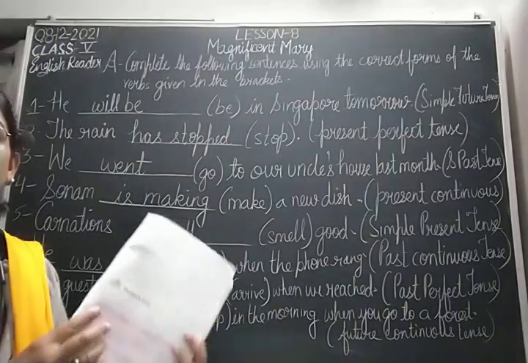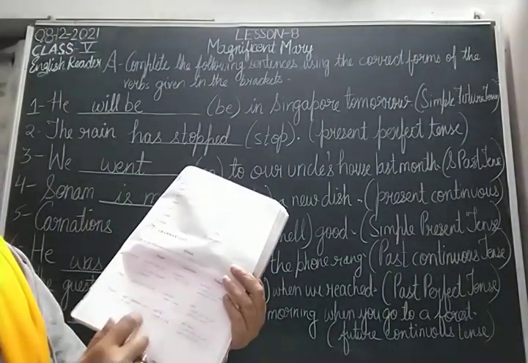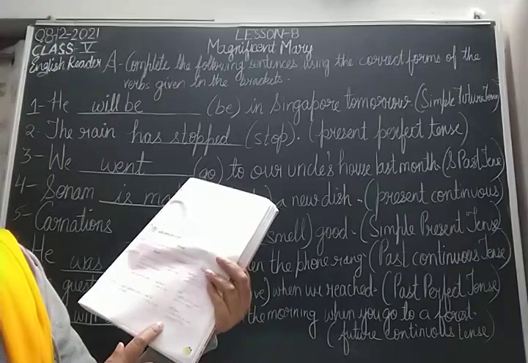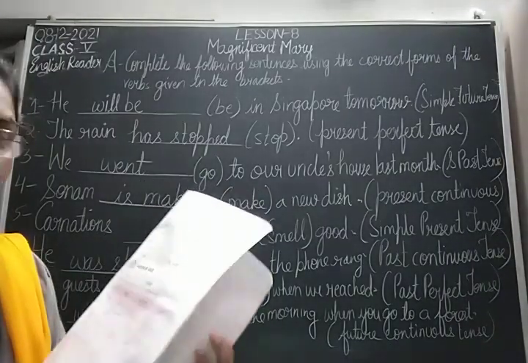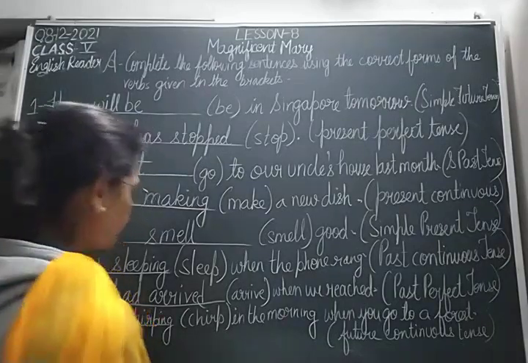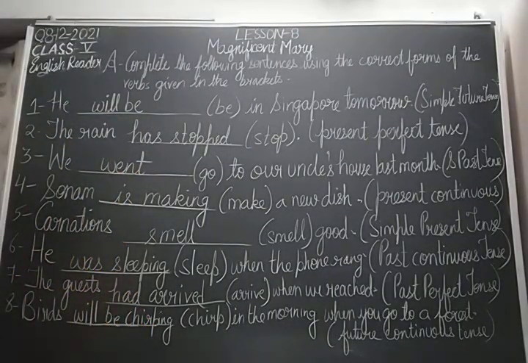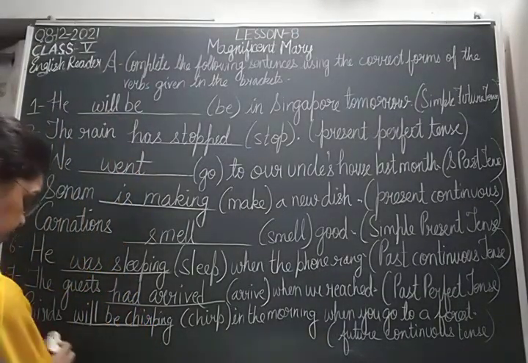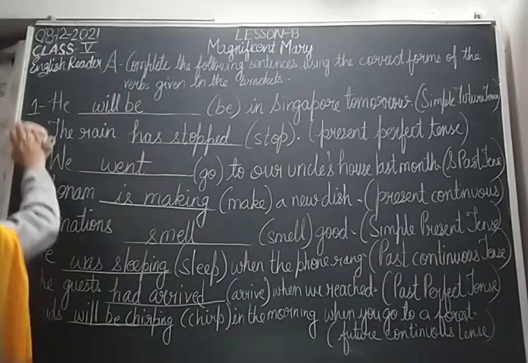And for this exercise, children, you need to learn this table of tense given on page number 79. I hope all of you have done. Now, I'm going to erase and I'm going to explain the perfect continuous tenses now.